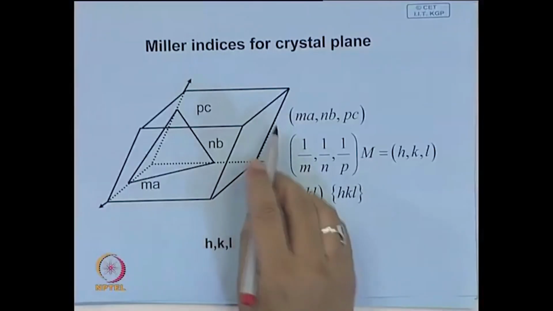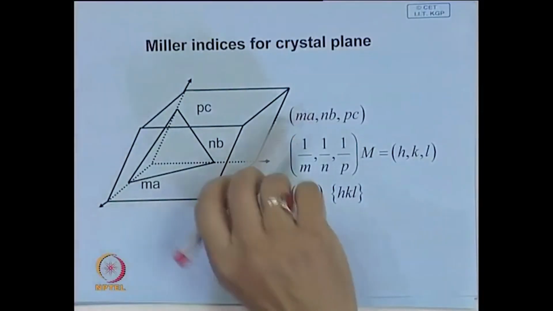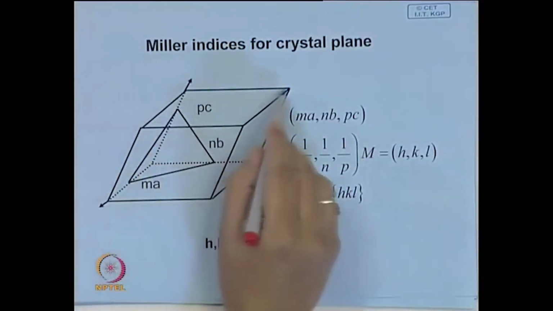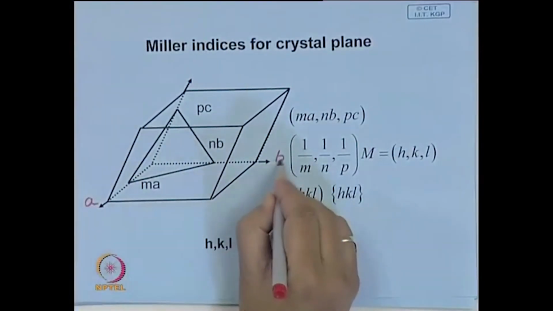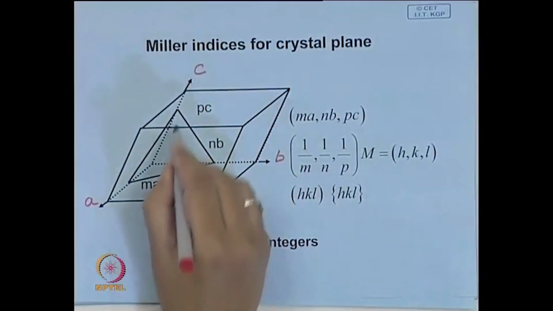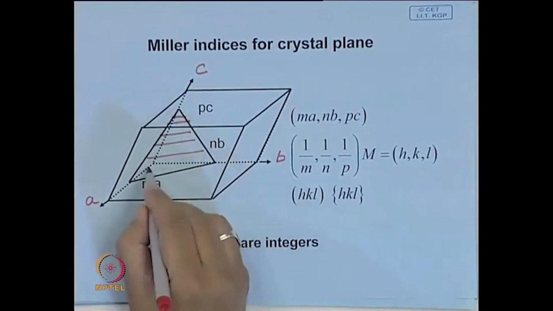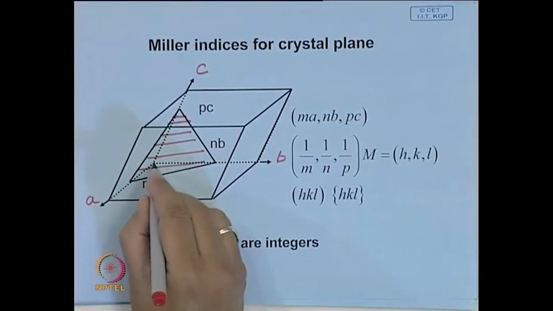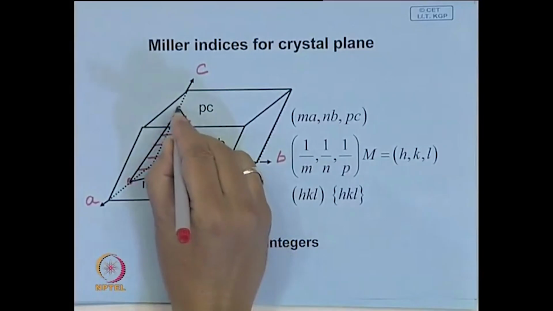Now, let us look at the indices of a plane. In the case of a plane, say this is one crystal, and say these are the axes A, B, C. Now, suppose we want to find out what is the indices of this plane. How will you represent this plane? We look at where it intersects these three crystallographic axes.